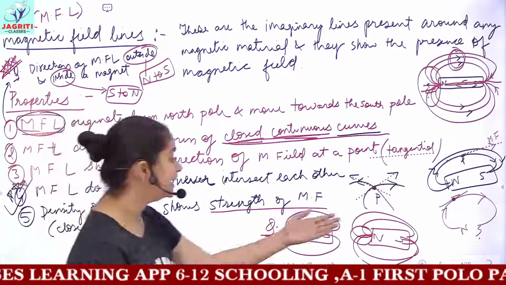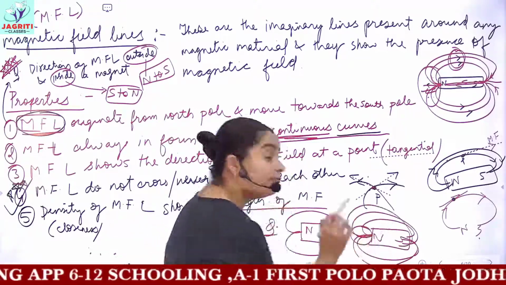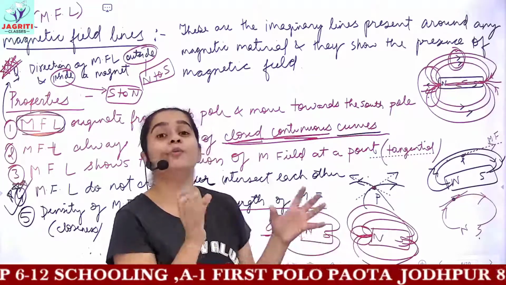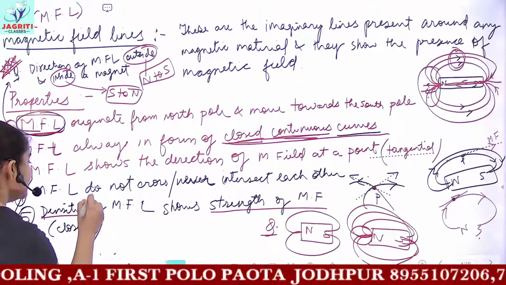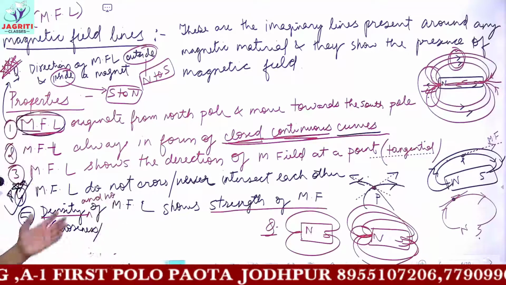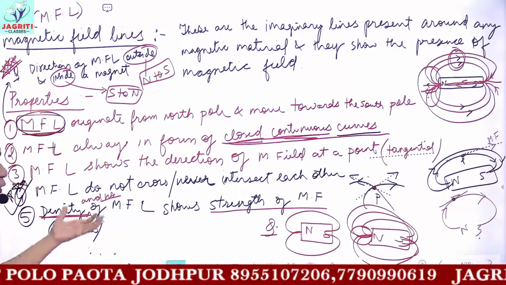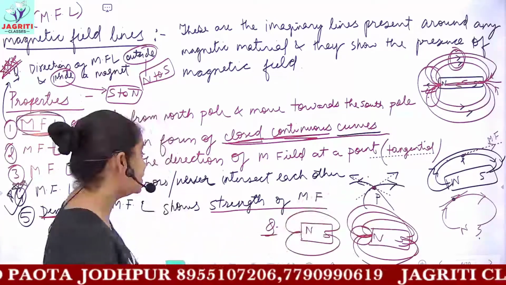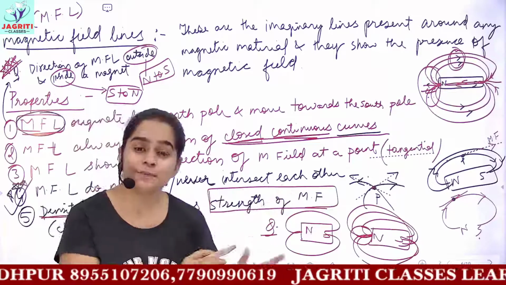So we say that this would be a stronger magnet because you have more field lines and also more density. So you can write density and number of magnetic field lines. If the closeness and number of magnetic field lines is more, it means the magnet has a higher strength of magnetic field, that is, it is a good magnet.